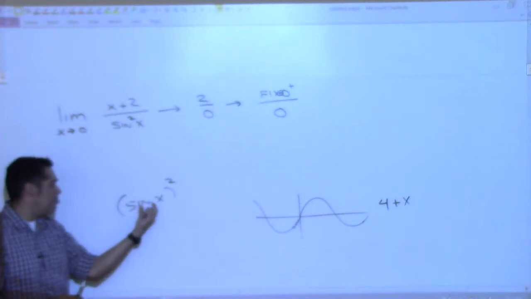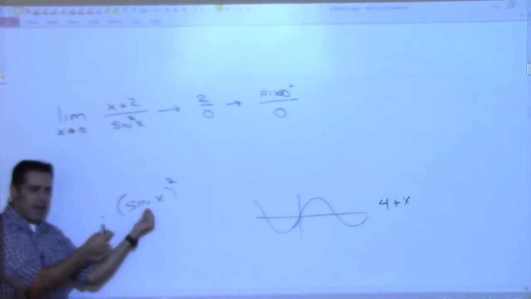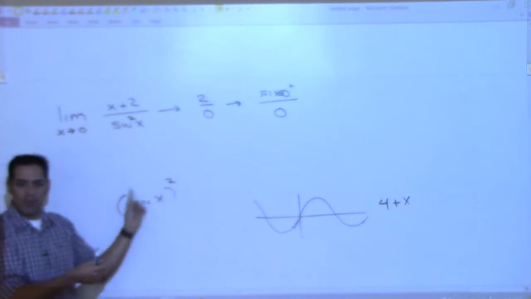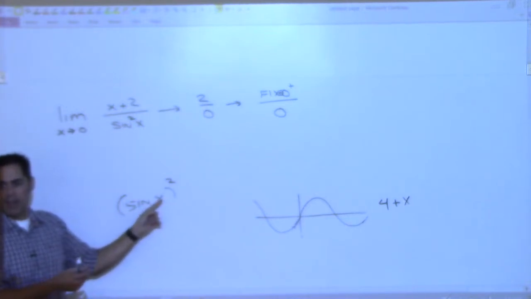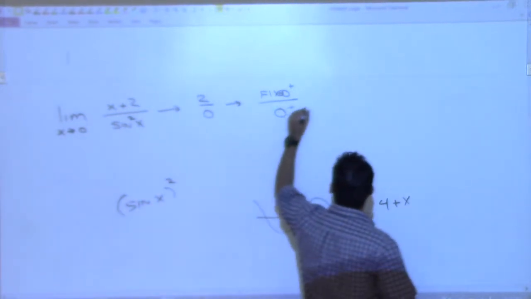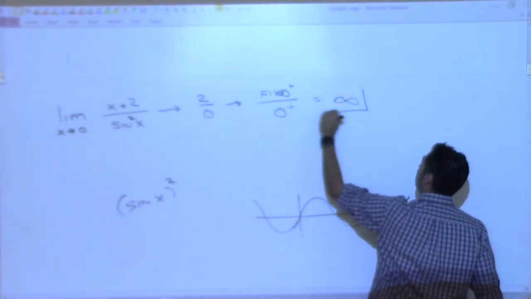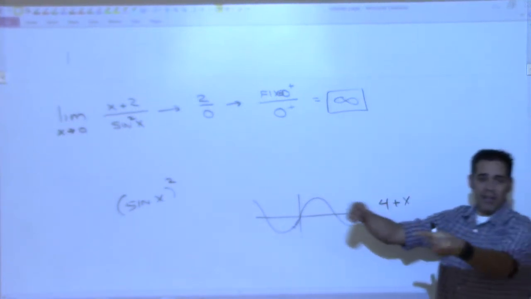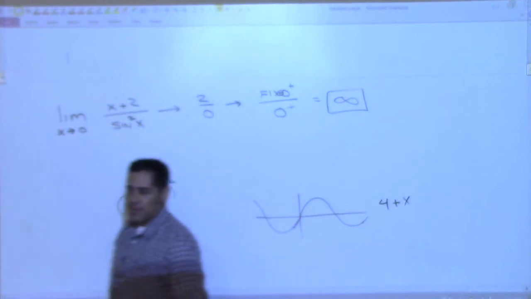That might be having little tiny negative numbers or positive numbers. That's going to 0. But who cares? We're squaring it. And when you square it, it's positive. And therefore, we can tell just by looking at this that that's positive. And therefore, this goes to positive infinity from both sides, because the squaring makes that happen.